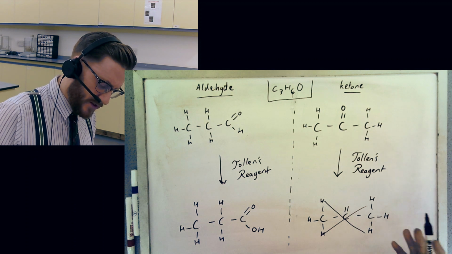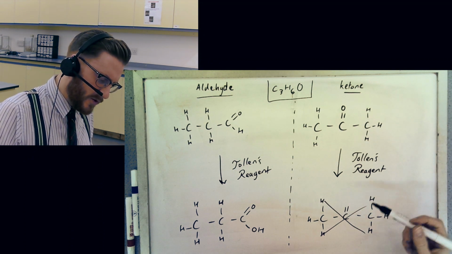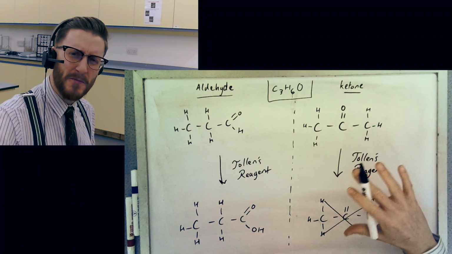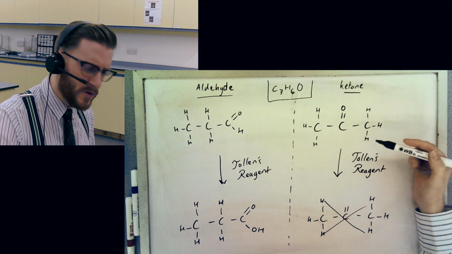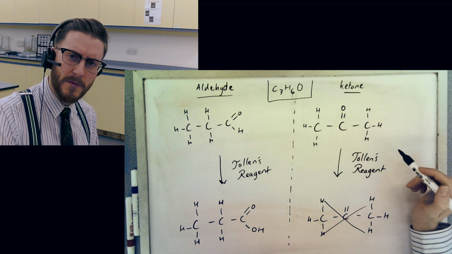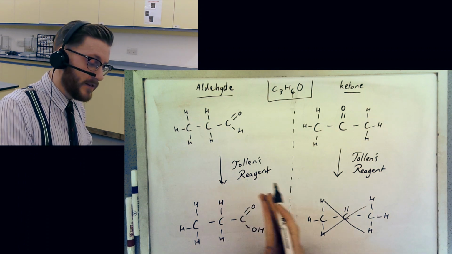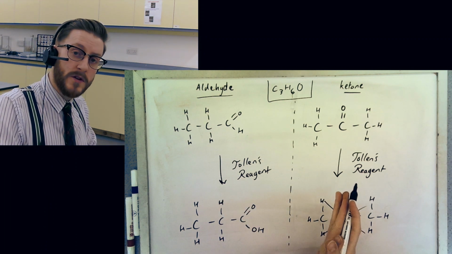My 4 bonds to carbon is kind of our rule in organic chemistry. So it's already got the 2 bonds to oxygen and 2 bonds to carbon. It's not going to break a link to a carbon. And if the whole point of an oxidation is to have more bonds with oxygen, it's reached its maximum at this point. And this is how I would distinguish between an aldehyde and a ketone in the lab: one would oxidize and one would not.